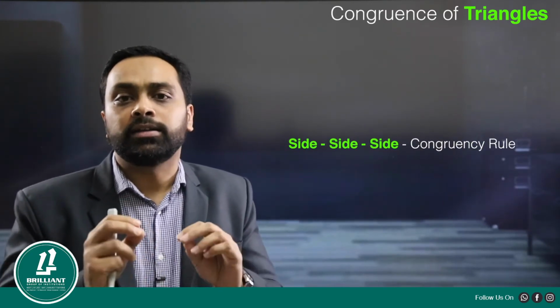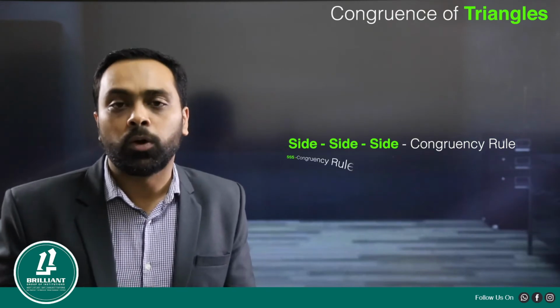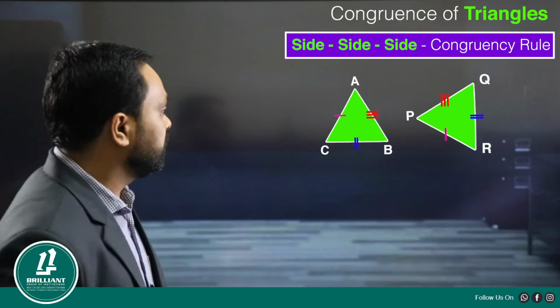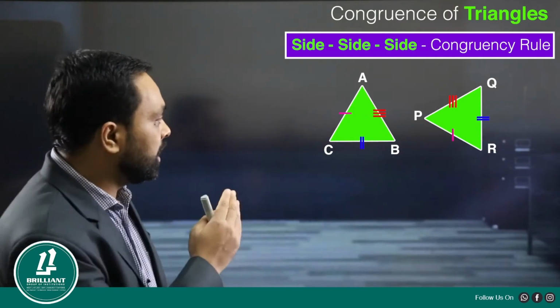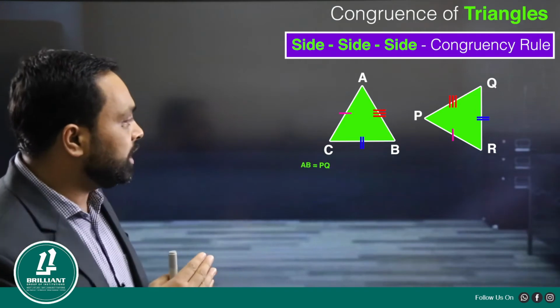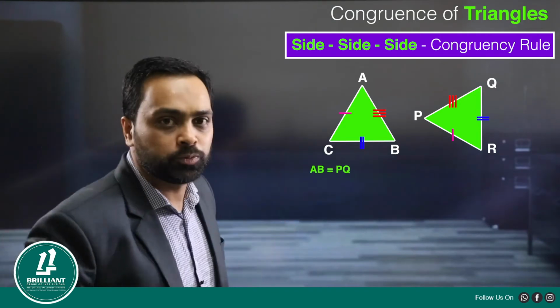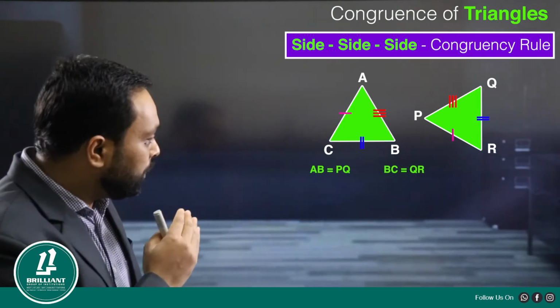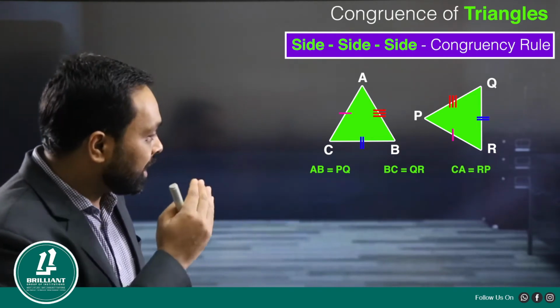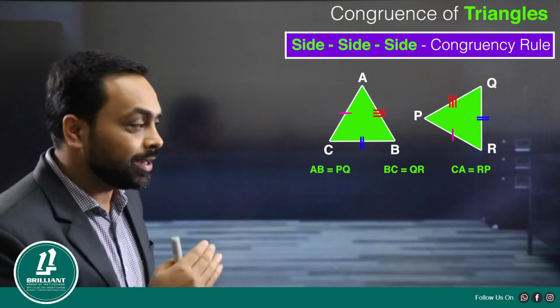The first criterion is the side congruency rule, or SSS congruency rule. Let's see the triangles, triangle ABC and triangle PQR. Here side AB is equal to side PQ, side BC is equal to side QR, and side CA is equal to side RP.